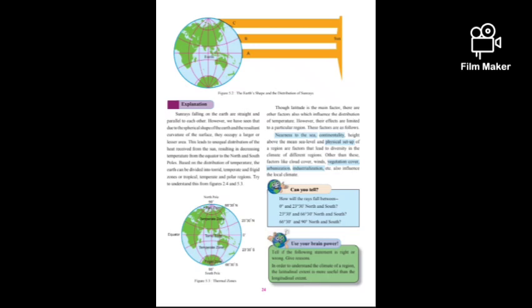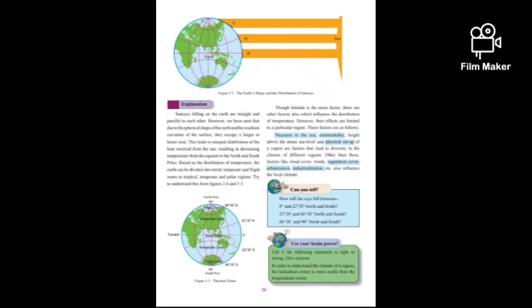So sun rays falling on the earth are straight and parallel to each other. But we have seen that due to the spherical shape of the earth and the resultant curvature of the surface, they occupy a larger or lesser area. This leads to unequal distribution of the heat received from the sun, resulting in decreasing temperature from the equator to the north and south poles.